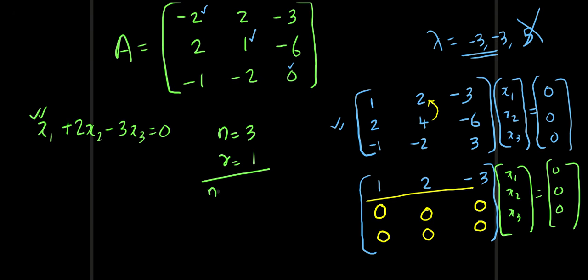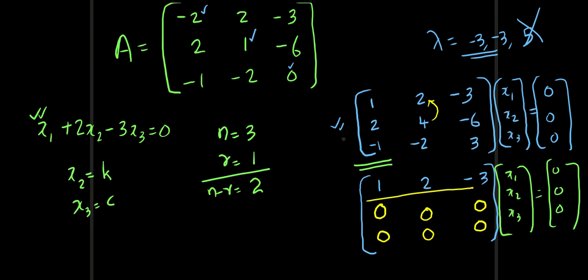So n minus r, that is 3 minus 1, is equal to 2. That means I am allowed to use arbitrary values for 2 unknowns. So I am going to plug in x2 is equal to k and x3 is equal to c.